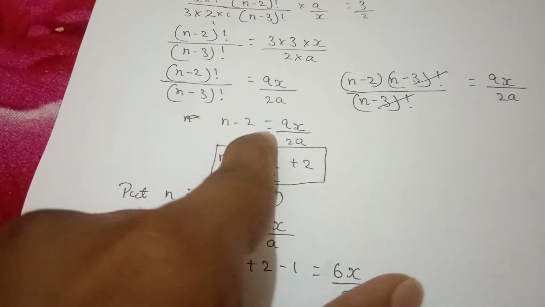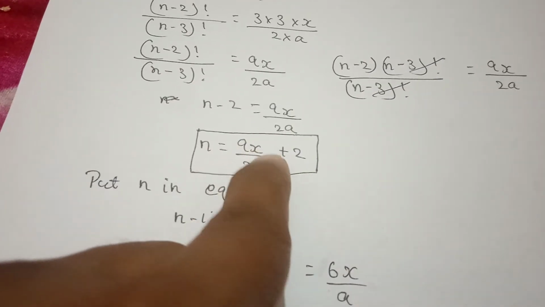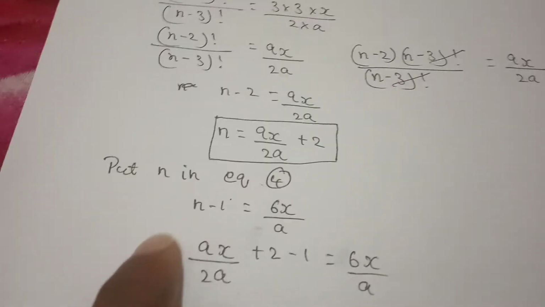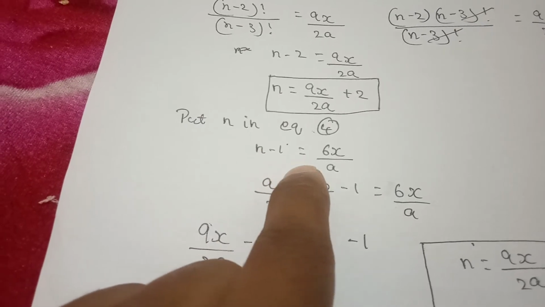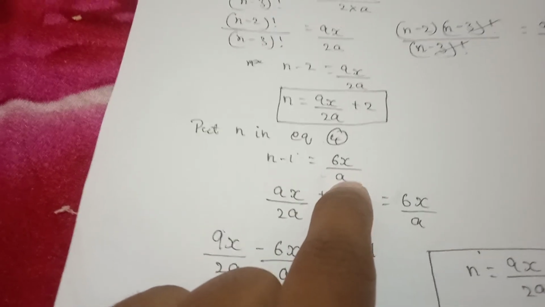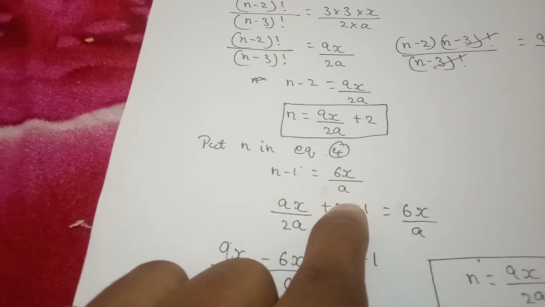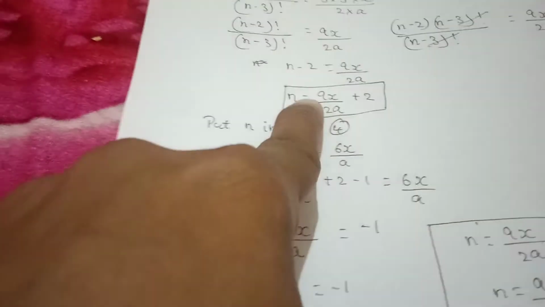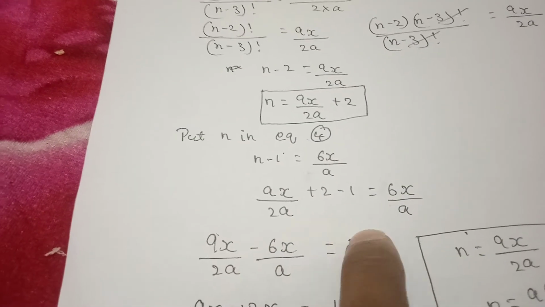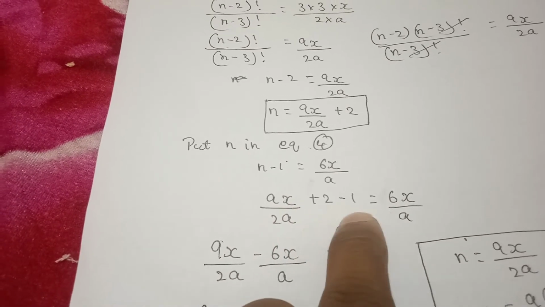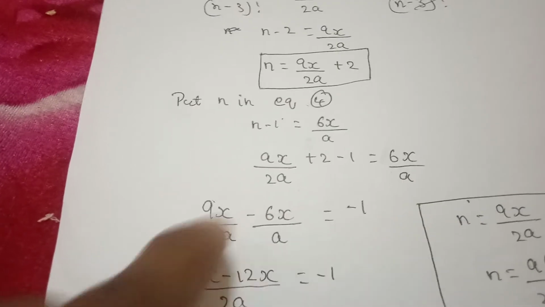Then if you take 2 on the other side, you get n equals 9x by 2a plus 2. Now put n in equation 4: n minus 1 equals 6x by a. After substituting, you get 9x by 2a plus 2 minus 1, which would be equal to 6x by a.